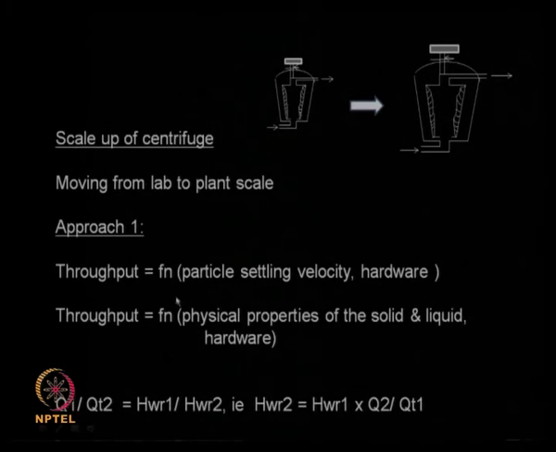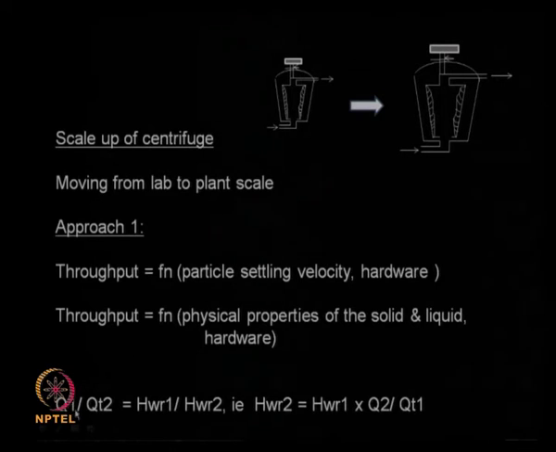So, if I have certain data on small scale, I can extend it to a similarly designed hardware, that means geometrically similar hardware, using this relationship, that means throughput is a function of particle settling velocity into hardware.